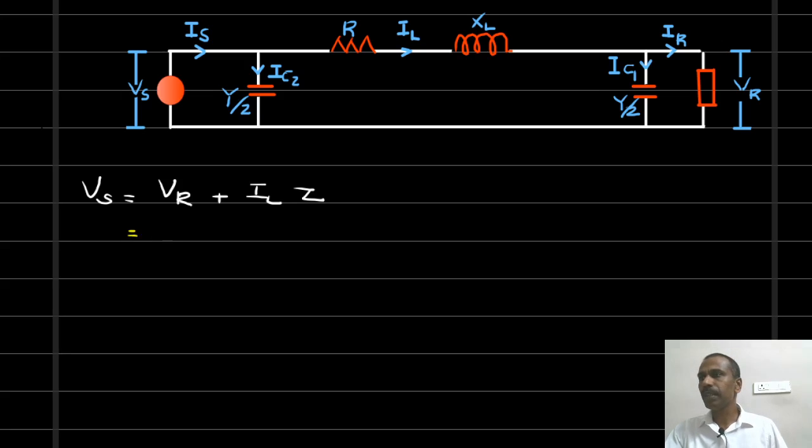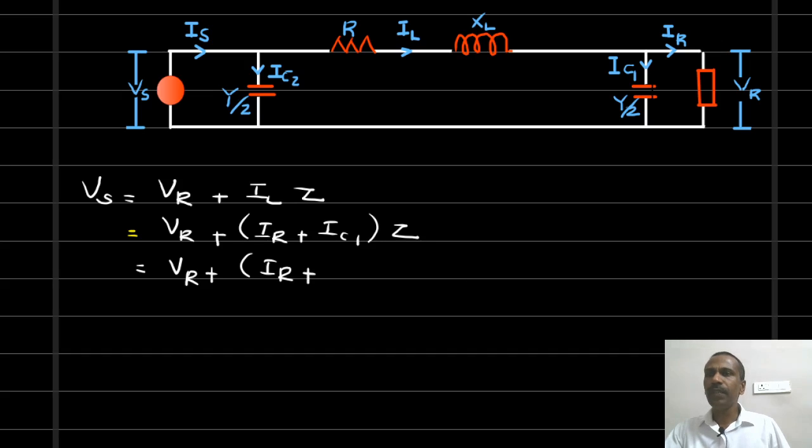So this can be written as VR plus IL, which equals IR plus IC1, into Z. So this is equal to VR plus IR plus IC1, where IC1 is the current flowing through this capacitor, which is equal to the voltage across the capacitor into admittance.